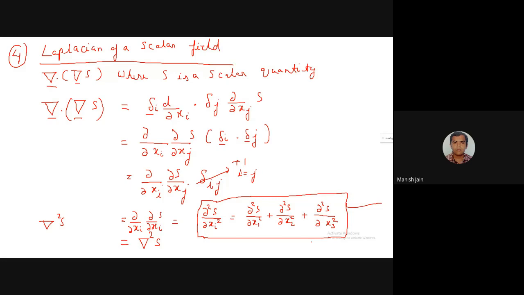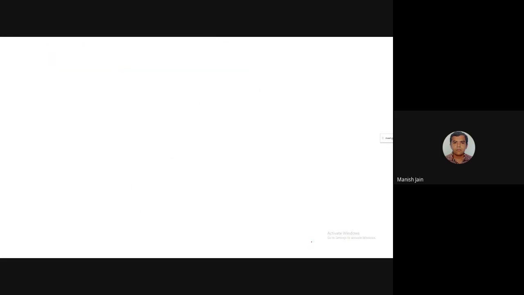You also have the Laplacian of a vector field. So what is the Laplacian of a vector field?